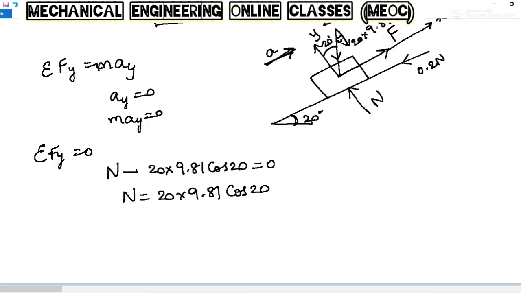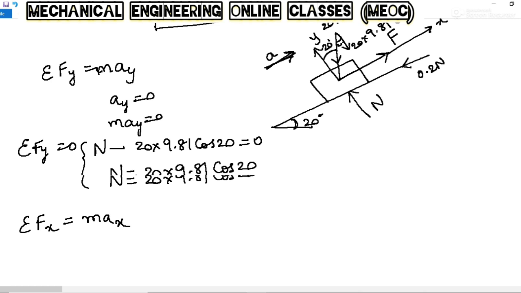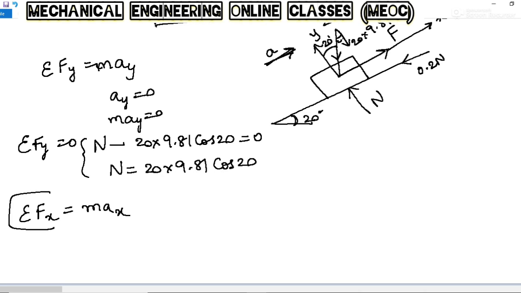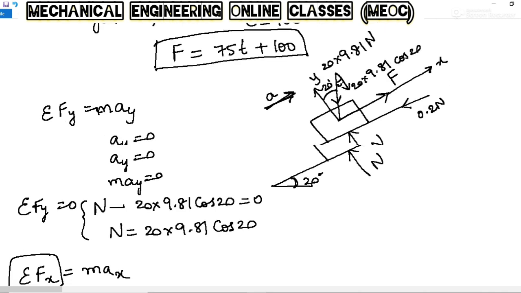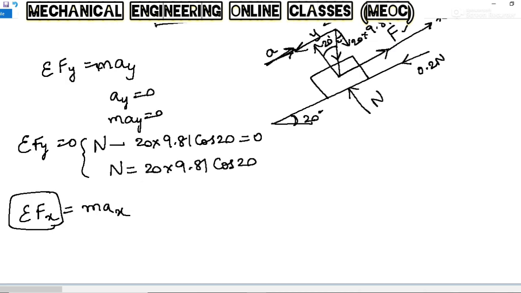Now let us go for sigma Fx, which is nothing but m into ax. Let us see all the forces. Sigma Fx is the sum of all the forces on the block along the x direction. So there is a friction, there is the capital F force, and there is a weight component along the x axis. The acceleration direction is considered positive, because it is in the direction of force.